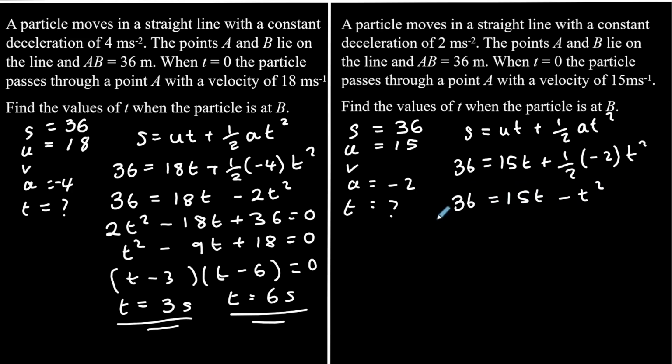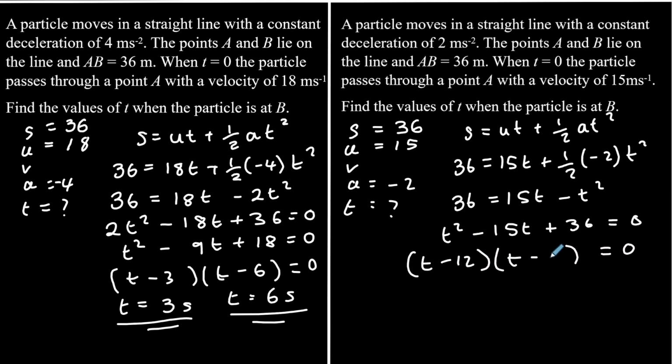Let's make it equal to 0. t squared minus 15t plus 36 equals 0. We can factorize this one again, but you could just use your calculator to solve it as well. It is negative 12 and negative 3 this time. So t is 12 seconds and t is 3 seconds.